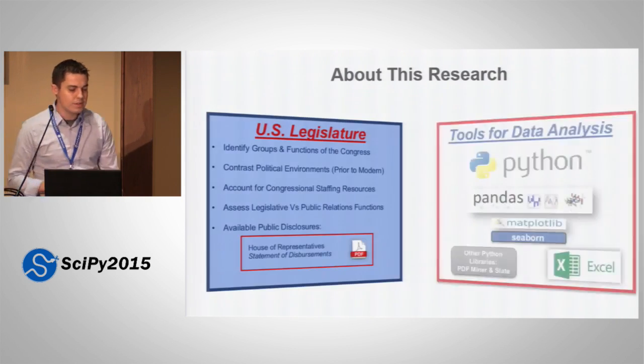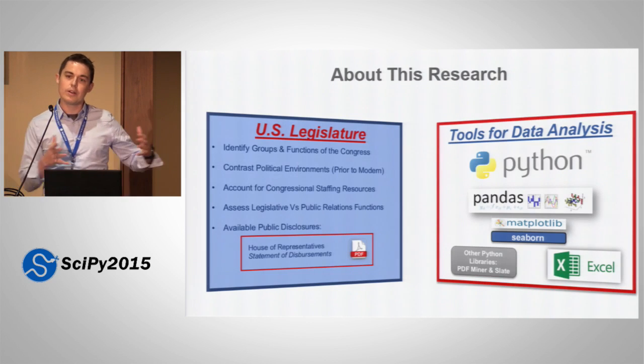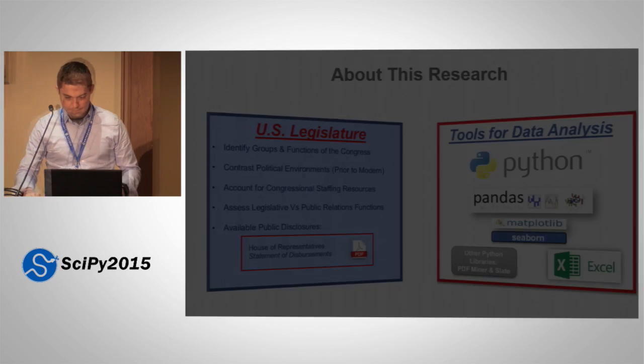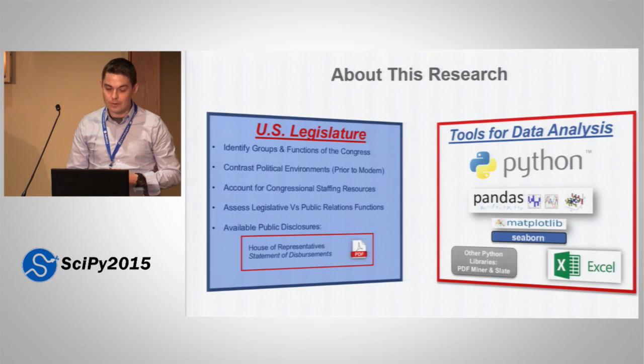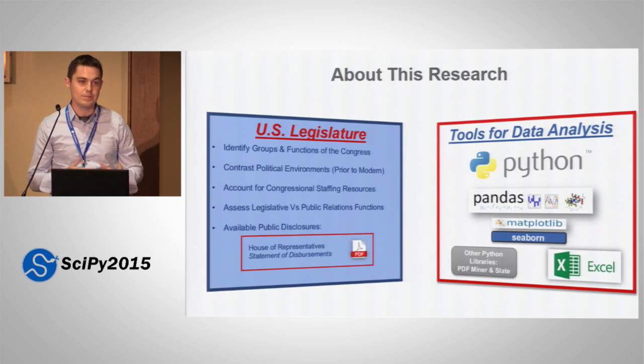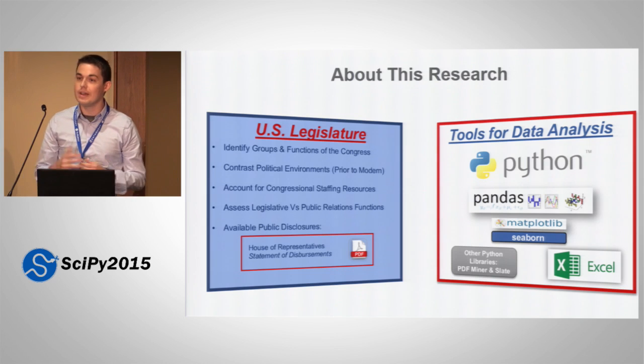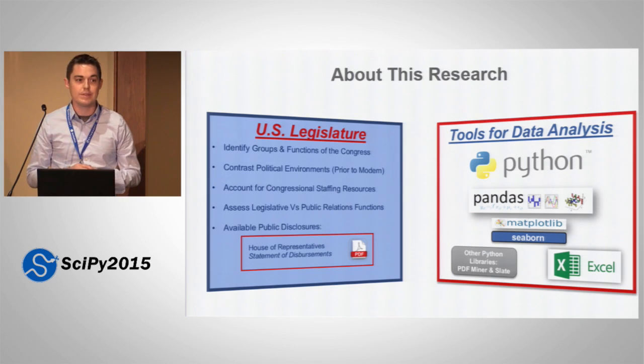A little bit about this research. There's two pieces of it. We're going to go through a very quick whirlwind tour of the United States Congress. And then we're going to look at congressional staffing functions within Congress. What we're utilizing as our source data are PDF files made available through the House of Representatives.